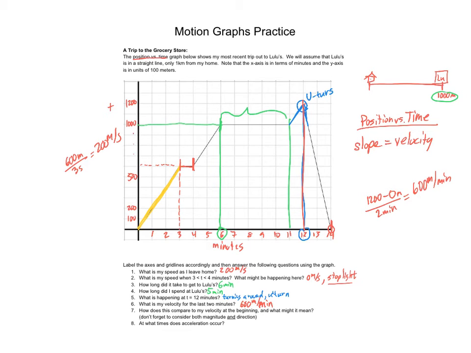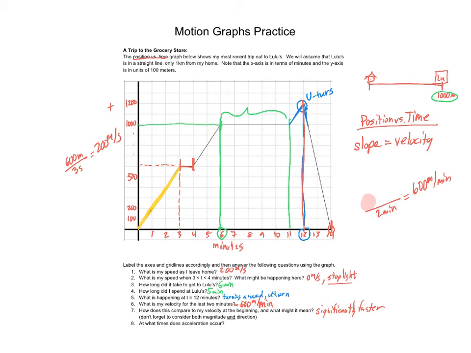How does this compare to my velocity at the beginning, and what might it mean? Well, I'm significantly faster. And the other thing I didn't mention here is that my velocity was negative, right? It was going down. It should be the final position minus the initial position. So I apologize, I made a slight mistake here.